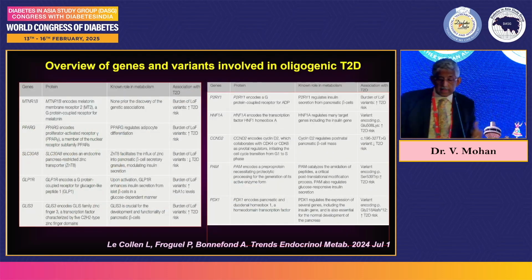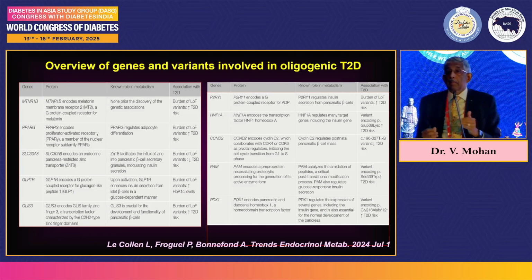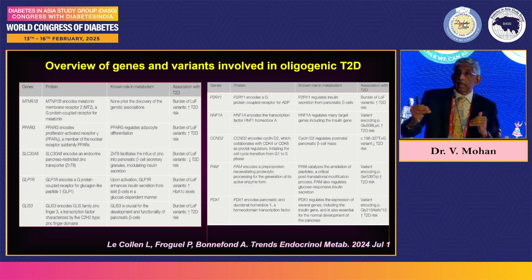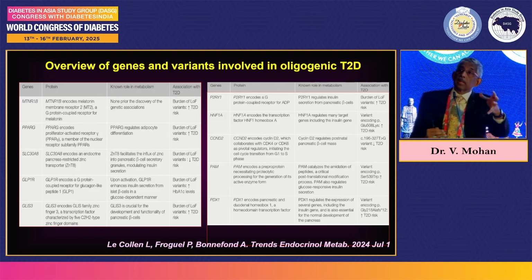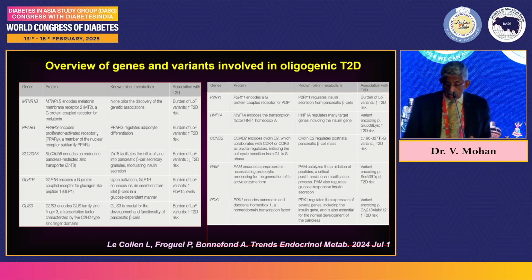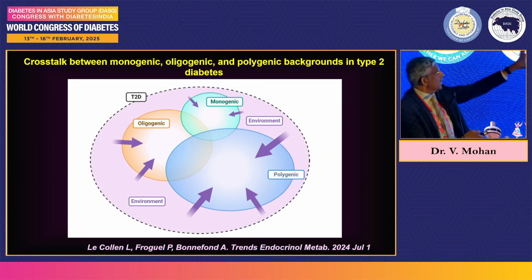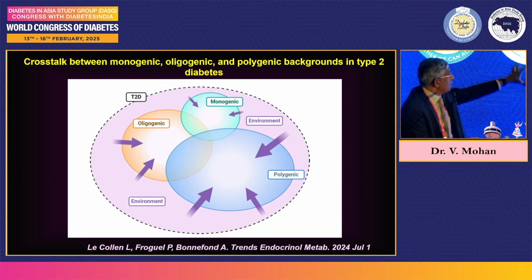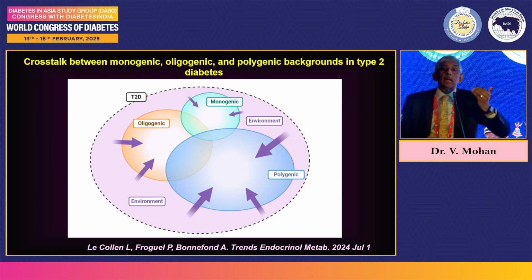And these are examples of oligogenic genes. About 10 or 12 have been described, which can occur in monogenic diabetes, but they occur in polygenic diabetes, and they are almost like a causal kind of a gene. So we're beginning to understand much more about the polygenic diabetes. And you can show in this cartoon that monogenic is separate and polygenic is separate, but then you have these oligogenic genes which are both in monogenic as well as in polygenic.